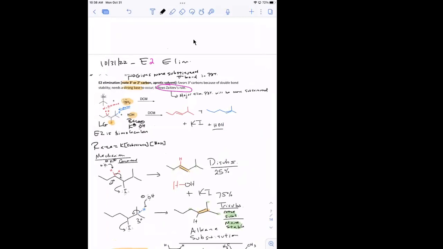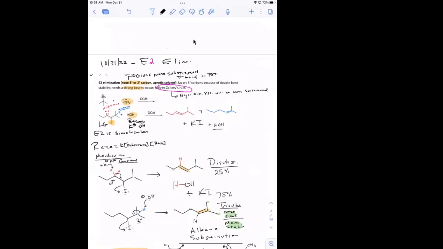Let me ask this question before we do any examples. What if I triple the amount of substrate and double the amount of base? What's going to happen to the rate? I'm going to see if y'all were paying attention Friday. Should be a six-fold rate increase.